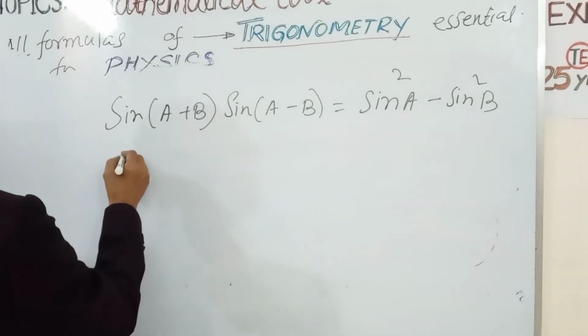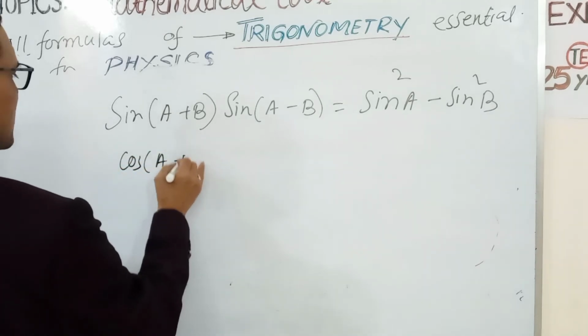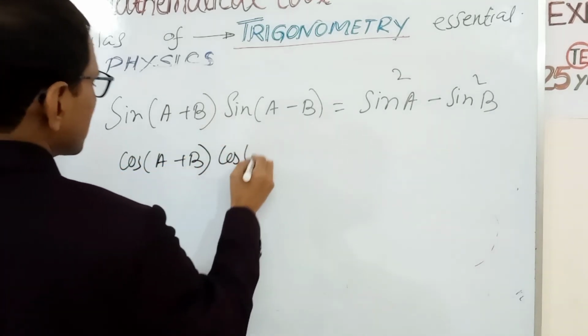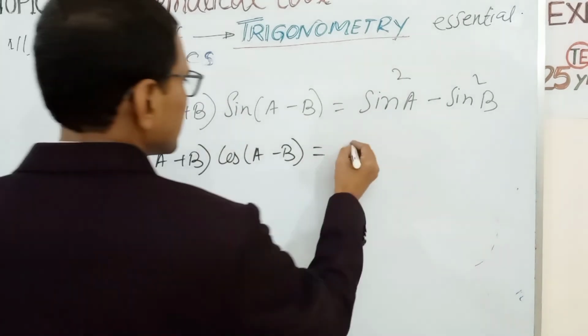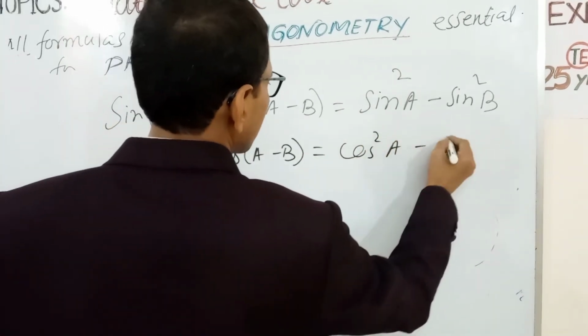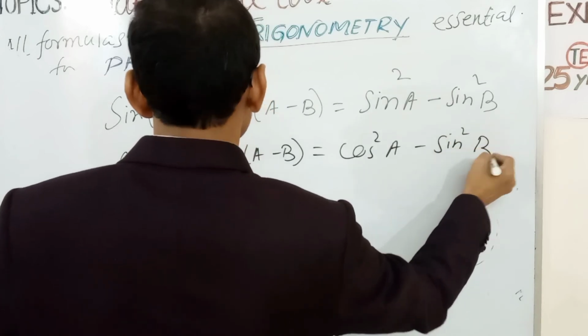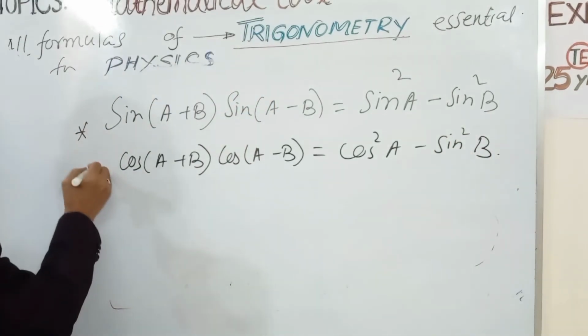Now if cos a plus b into cos a minus b, then this will be cos square a minus sin square b.